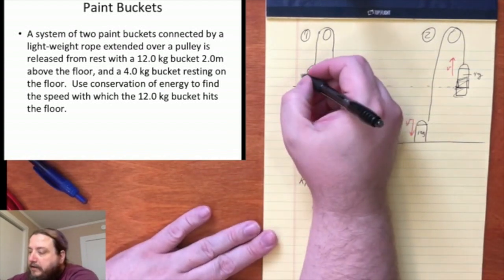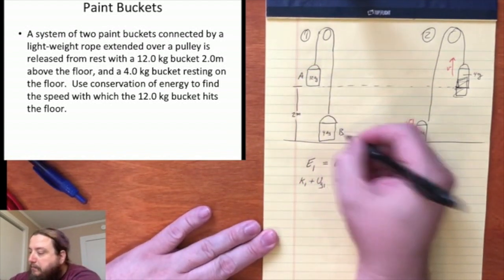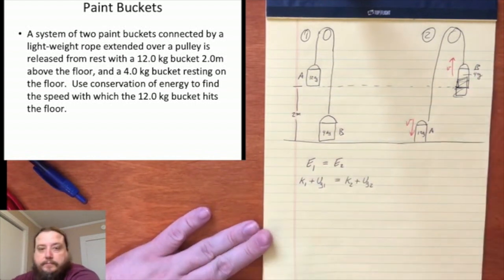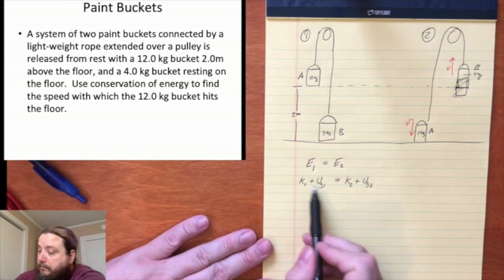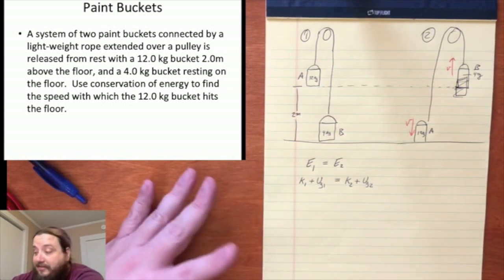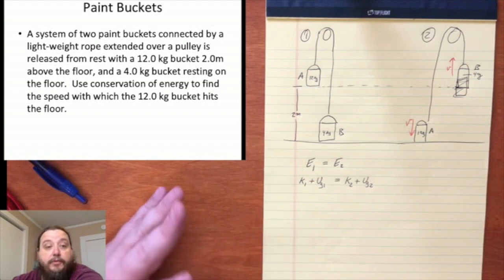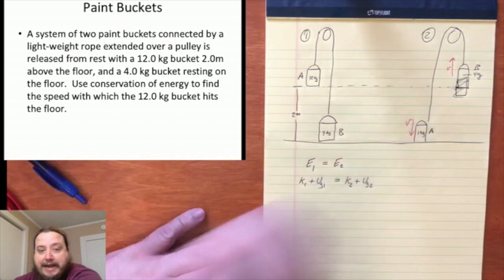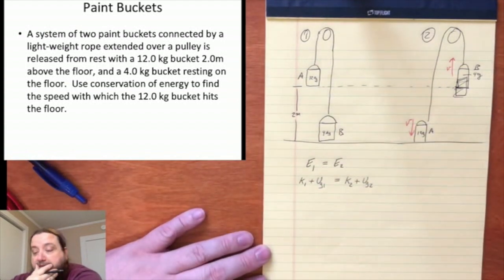Let's label these buckets A and B, because we're going to have to break up these kinetic energies for the system and these potential energies for the system into energies for A and B, the A and B parts of that system.